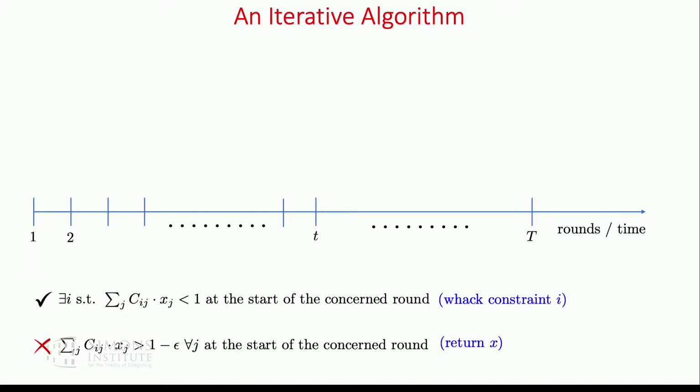And if this condition holds, then you just whack that constraint, satisfy that constraint, and move on to the next round. Otherwise, if the condition does not hold, that's a cross here with red, then you just return your existing solution. So you keep doing these rounds like this in the static setting, and then at some point you stop.